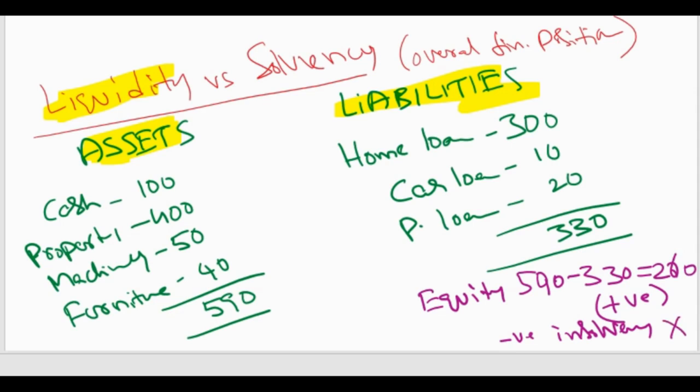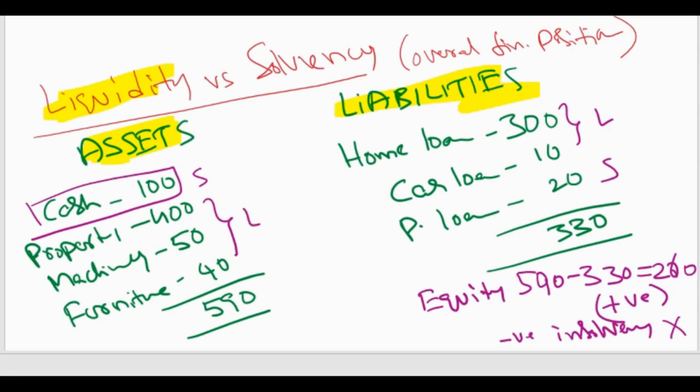So similarly, when you take liquidity, which are short term assets, let's take cash you have, which is short term, but other things let's consider as long term, and then here you consider these two as long term, and then this is short term. So then what happens now?